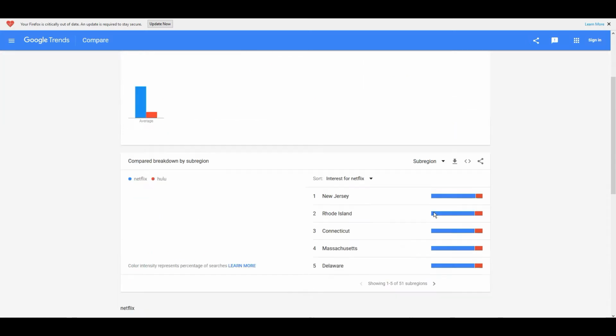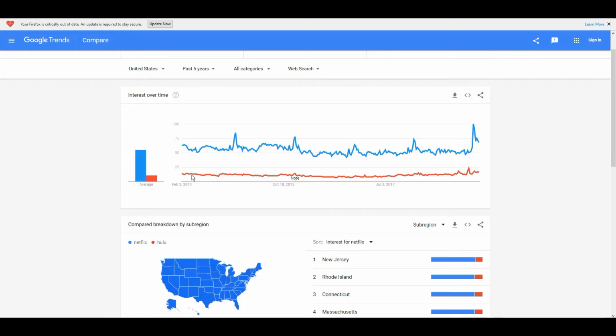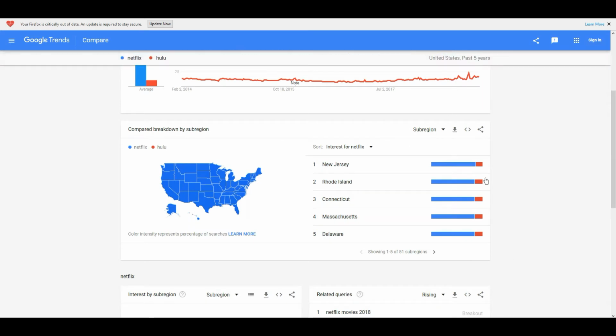Netflix versus Hulu. So you can see there's less of an interest in Hulu than there is Netflix, right? This is a vague indicator of volume, right? It's not how many searches there actually are, right? But you can see that Netflix is wildly more popular than Hulu.